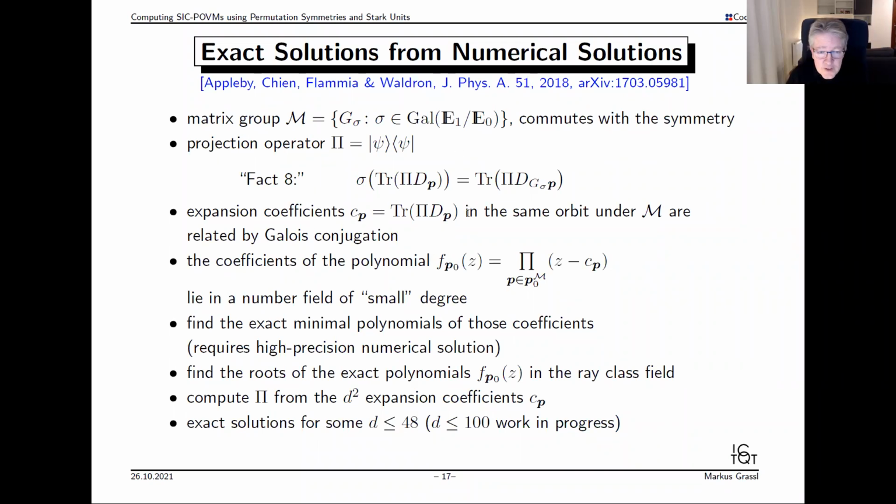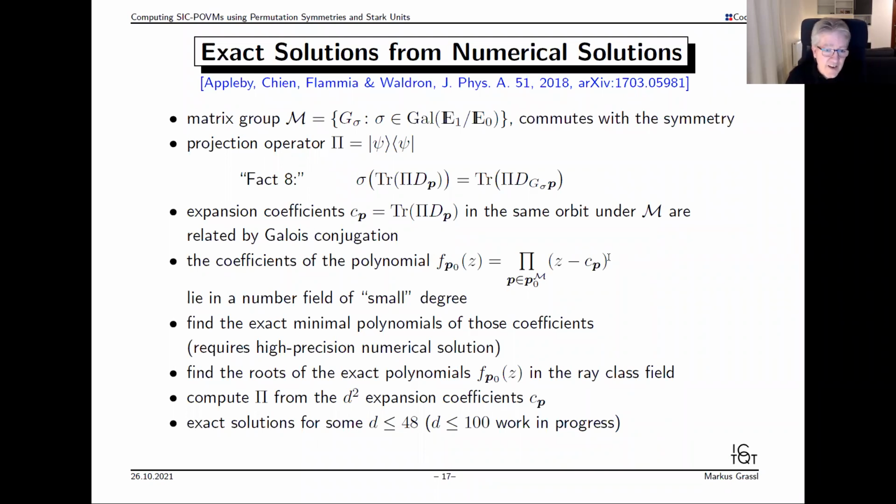The essential observation is that when we look at these expansion coefficients of the projection operator, equivalently the overlaps, they form an orbit under the Galois operation. And therefore, when we calculate the orbit of the overlaps with respect to the matrix group corresponding to the matrices here, we get a polynomial which is invariant under the Galois action.